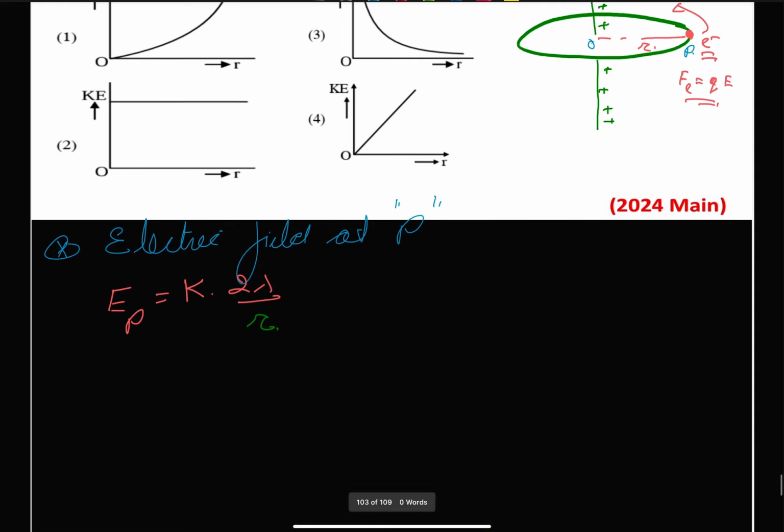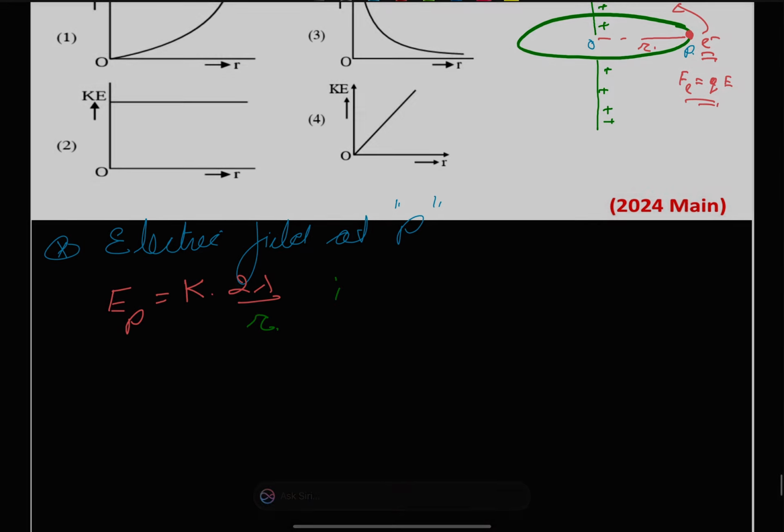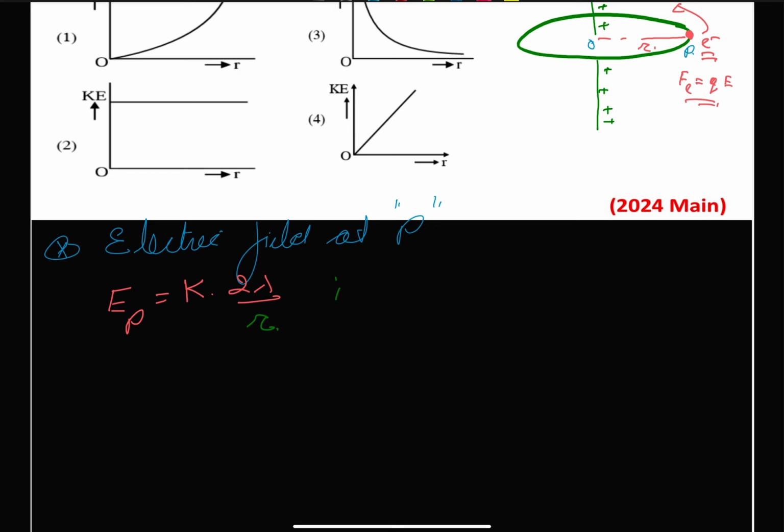And we can also say the force on the electron, that is Fe, will be equal to electron charge multiplied by electric field. So we get the force on electron is equal to e times K 2 lambda upon r.